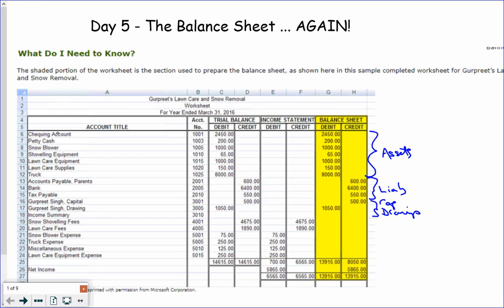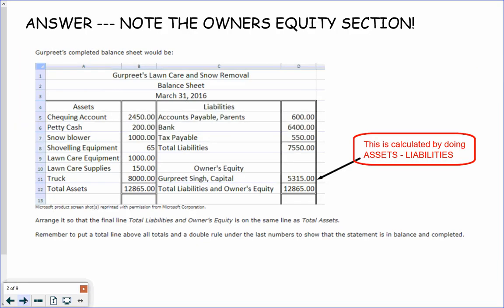If we focus on the assets, there's all of our assets. When you look at the balance sheet, remember the name of the company, balance sheet, and date. So you put the title assets, you list out all the assets, putting in the numbers. You do total assets with a single line and a double line underneath.